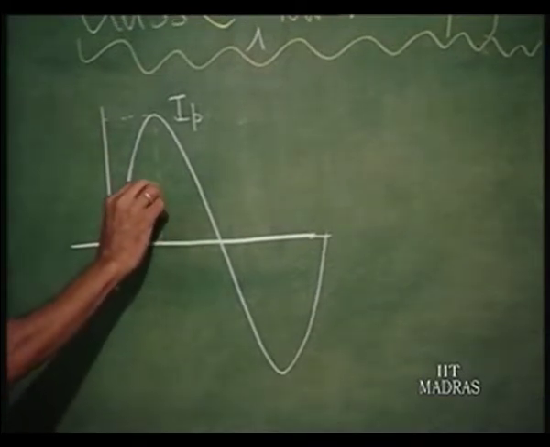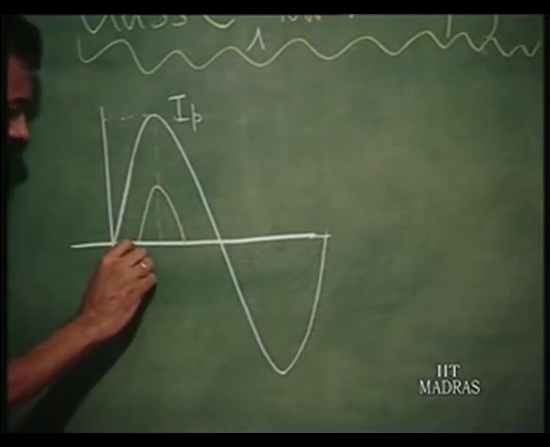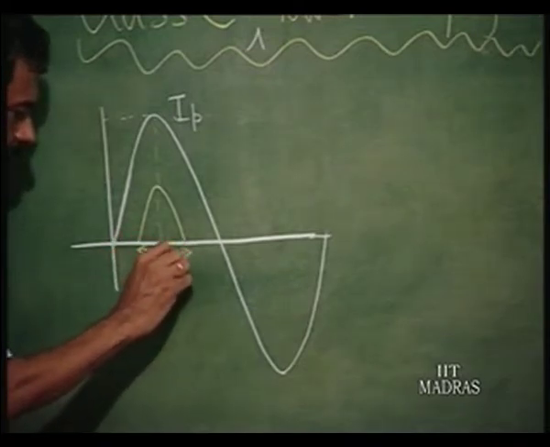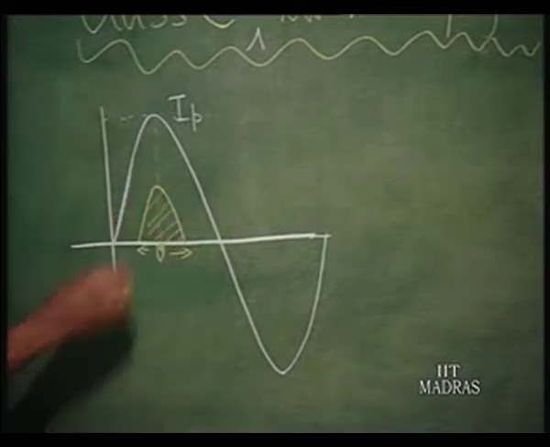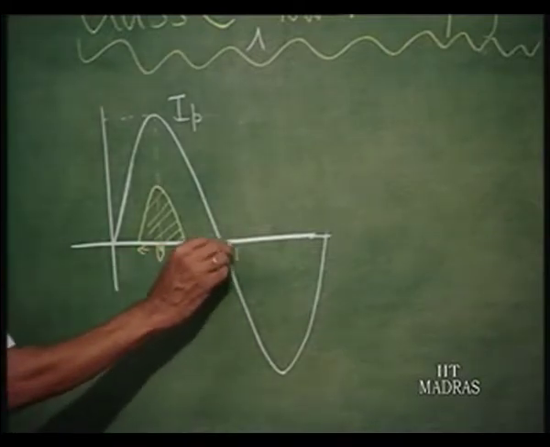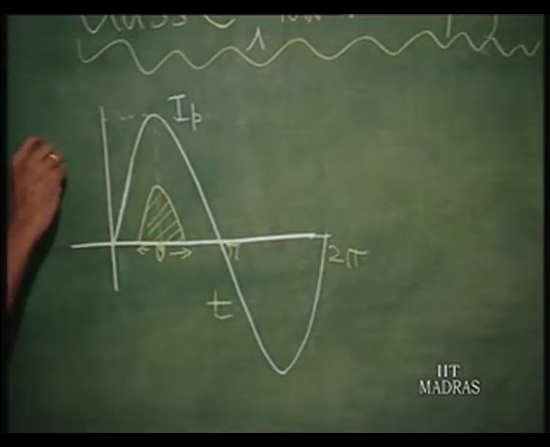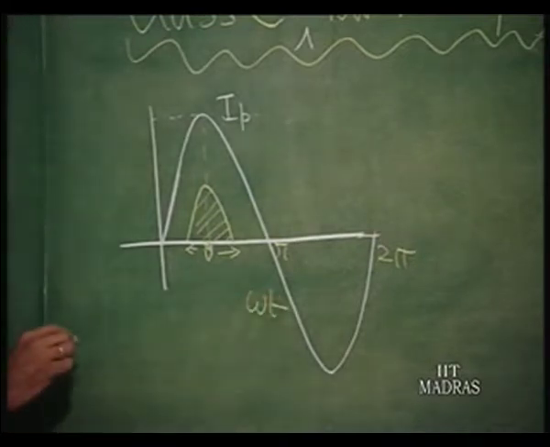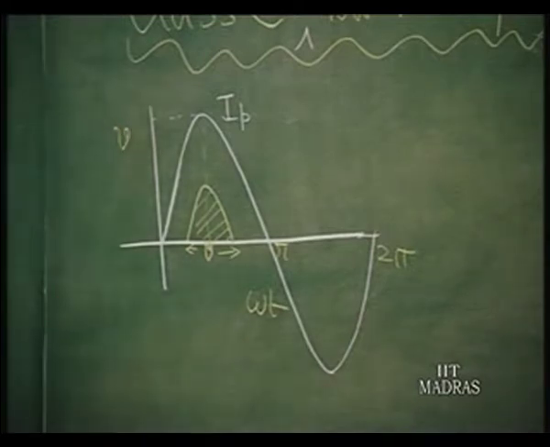Let us say this is theta. So, it is going to conduct only for part of the period. This is pi, this is 2 pi, and this is actually omega t we are plotting here, okay, and then this is V, I.